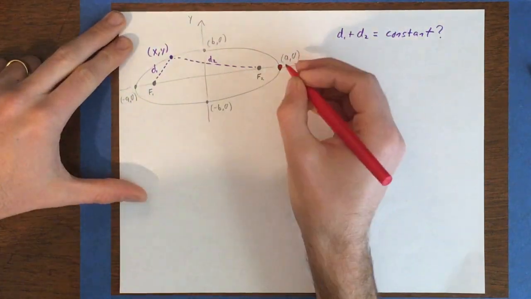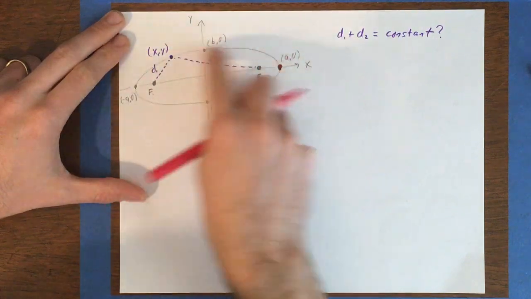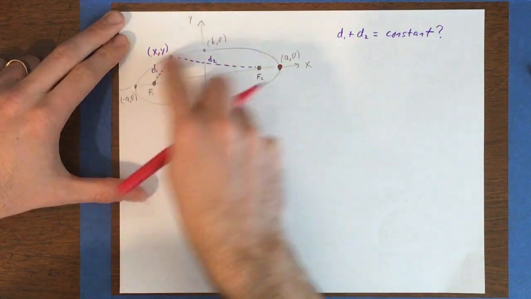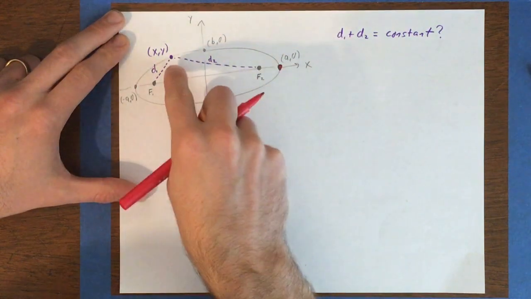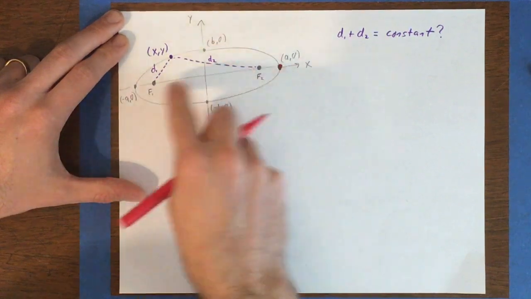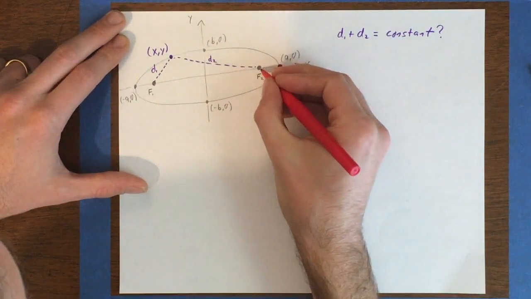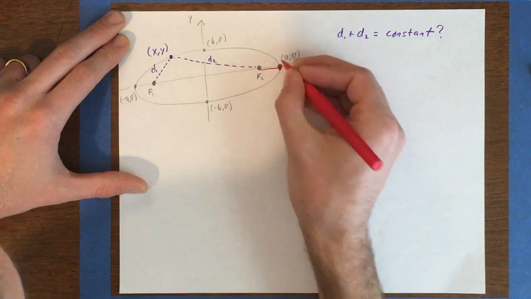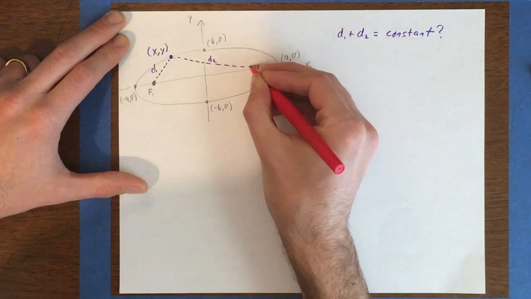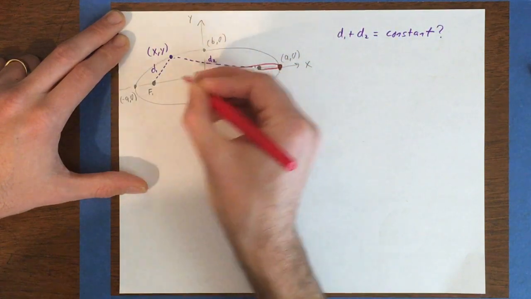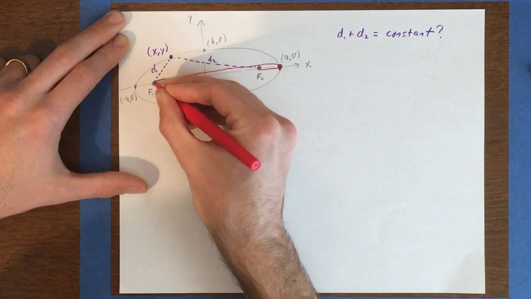Imagine you can move your pencil around this ellipse and trace out the ellipse with the string always connecting the pencil back to the two foci. So one half of the string is going to be here connected to this focus, and the other half of the string is going to come all the way down and connect to that focus.